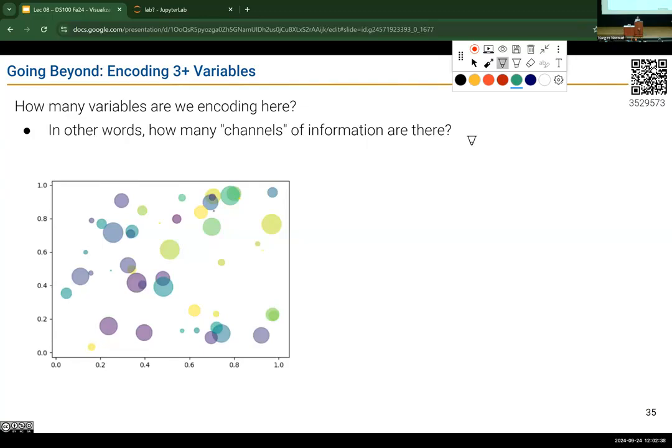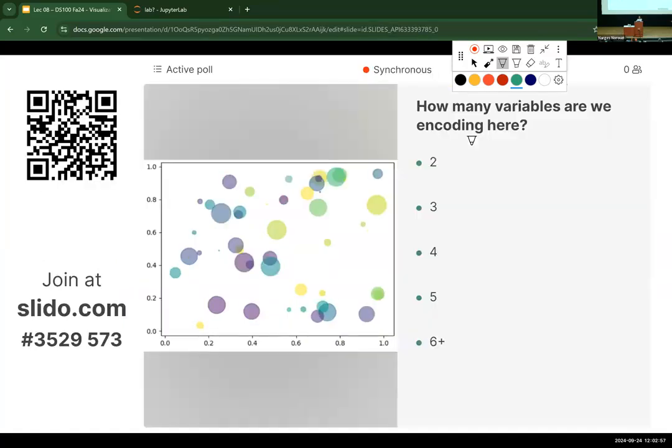So this is what we're going to start talking about: thinking about how many information channels are being utilized and how to effectively use all the information channels that we have. In this example, we encoded more than 3 variables. But what I want to ask you is, how many variables are we encoding here exactly?